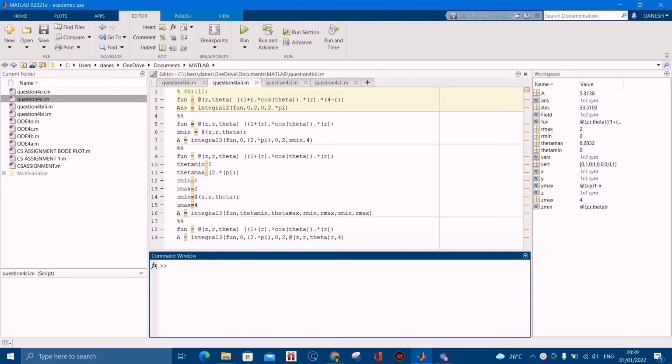So in this code, we have used the fun function along with the equation, double integral, and again the fun function and the equation, z, triple integral, fun function, and the formula, theta minimum, theta maximum, r minimum, r maximum, z minimum, z maximum, and triple integral, and then the fun function again, and the answer will be the triple integration. So let's simulate.